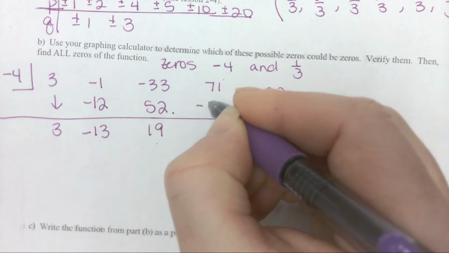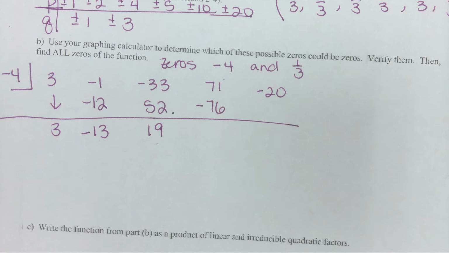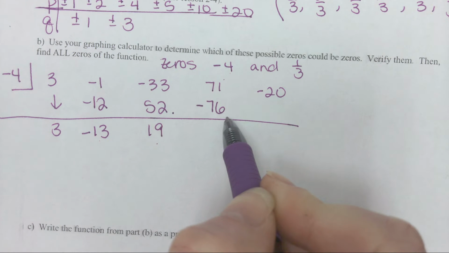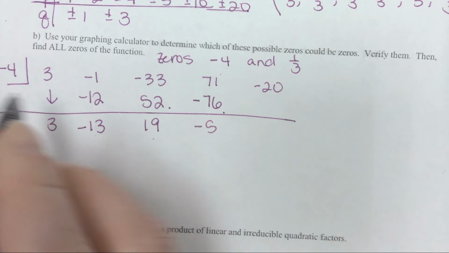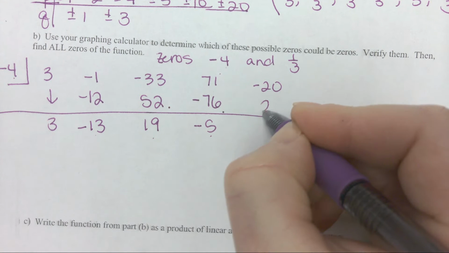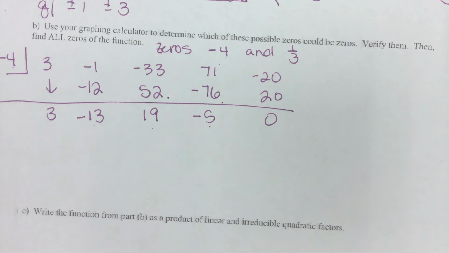Negative 76, right? What's 71 plus a negative 76? Negative 5. Negative 4 times negative 5 is 20. This just confirms I got it right, because what's my remainder? 0.